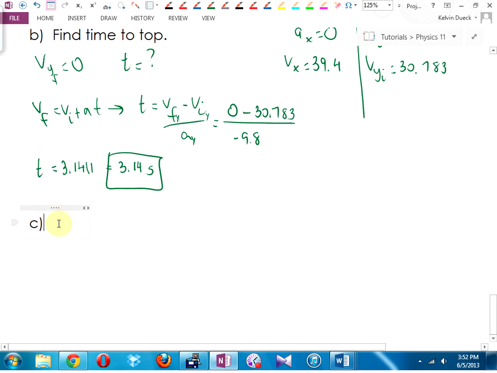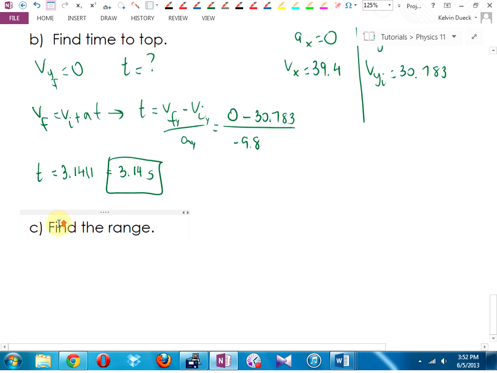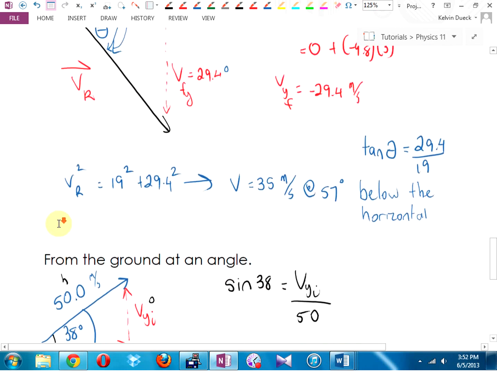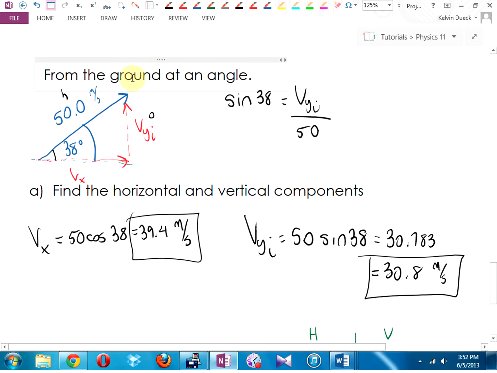I'll also ask this. By the way, what's the vertical displacement of this projectile? How high is it when it starts? 0.